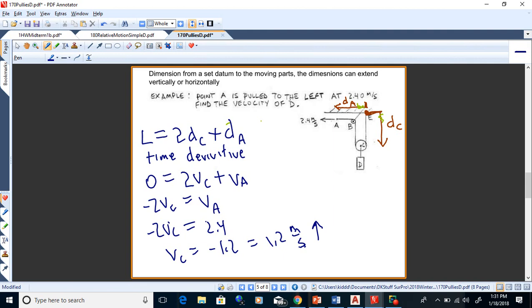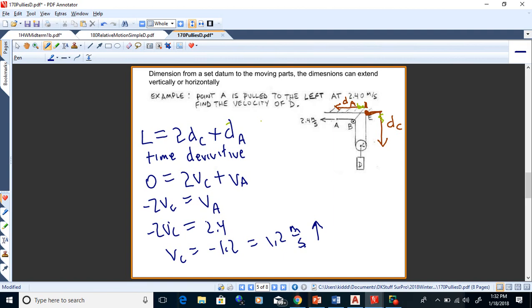Okay, so I'm measuring from point E there, from E vertically down to C. I'm calling that DC. Now there is a little bit of a constant on part of that. I've colored it in the squiggly green line there. Same thing from E to A, I'm calling that DA. I've got a little bit of a squiggly green line from E horizontally to B. So the length of the line is 2 times DC plus DA.